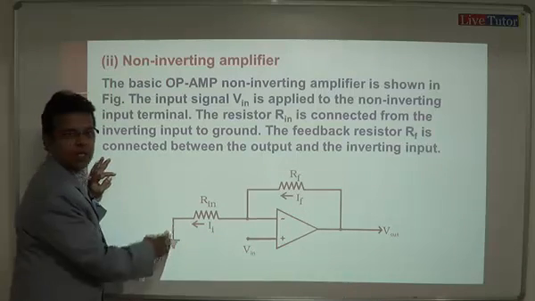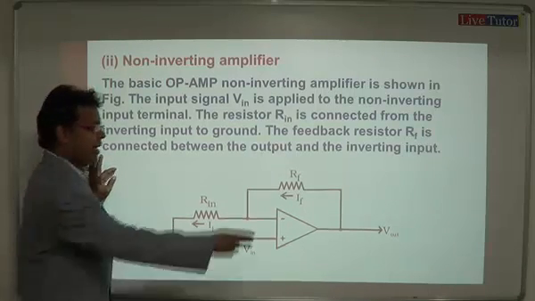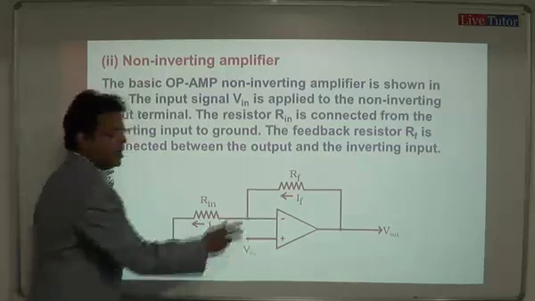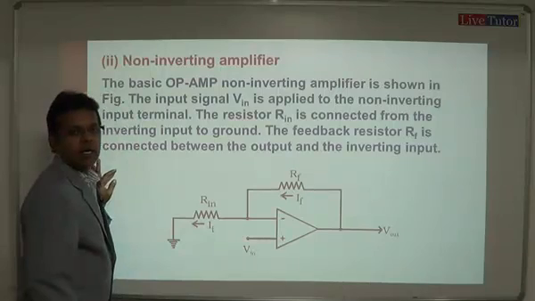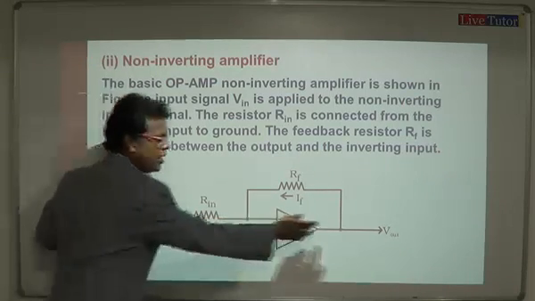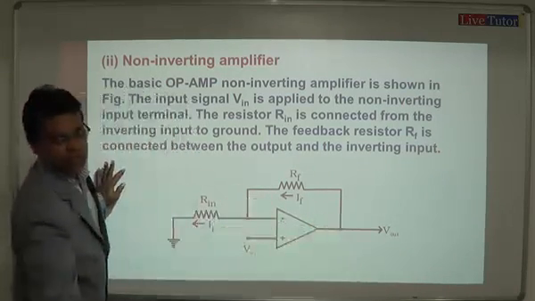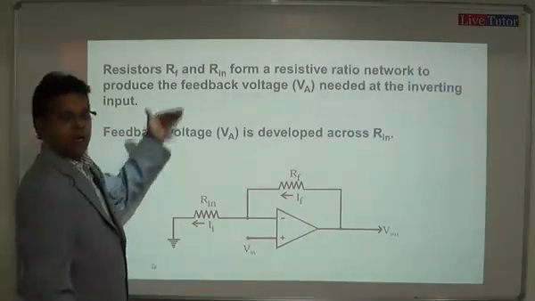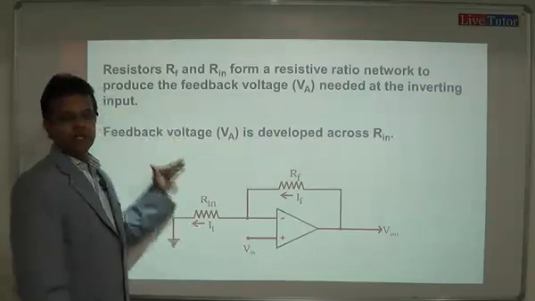Then again the feedback resistor RF is connected between the inverting terminal and the output. So this is the construction. After writing the construction and drawing the diagram, we have to find out the derivation.